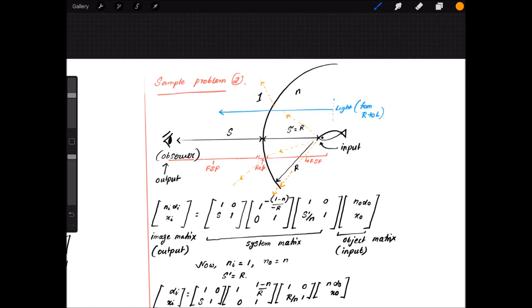But how are we going to see? What the eye does is it actually traces the path of the light ray back to where it actually originated from, and we will actually see the image at the center of the sphere, which is the center of the ball.